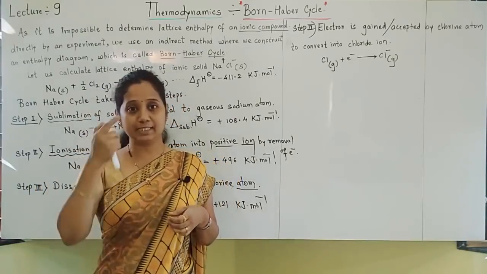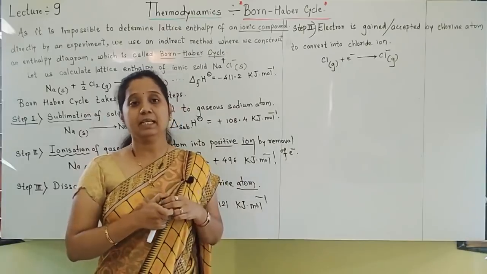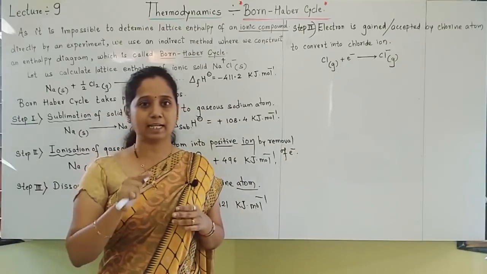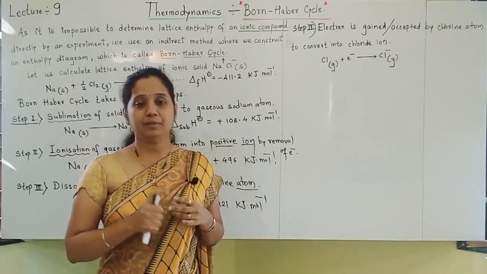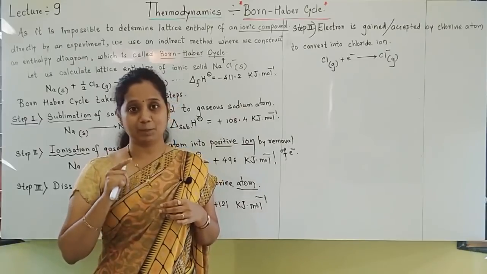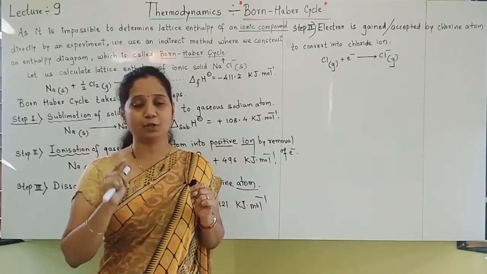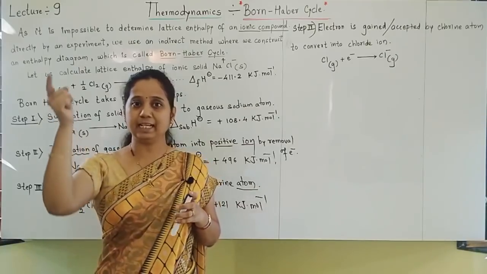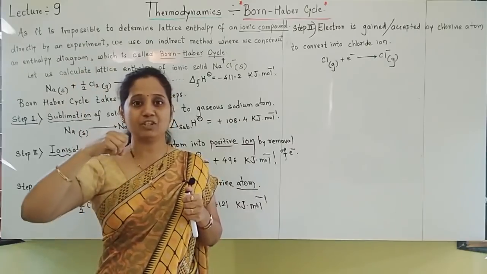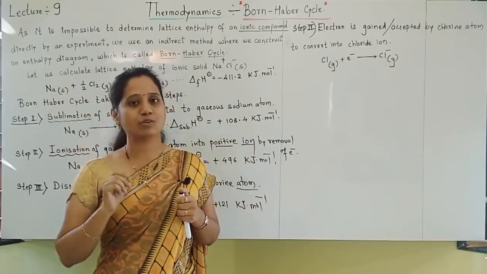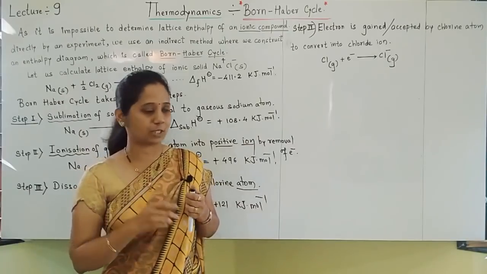Whenever any electron is gained or accepted, that enthalpy is called electron gain enthalpy or electron affinity. Electron gain enthalpy values are always negative, because when any electron is gained, some amount of energy will be released. So values will always be negative, exothermic.